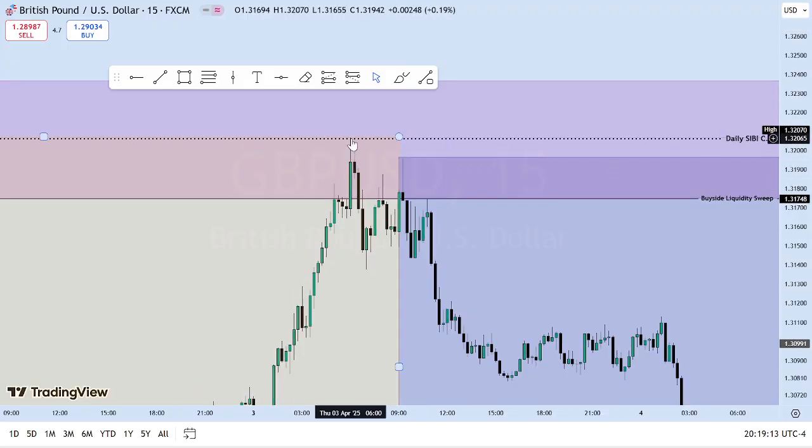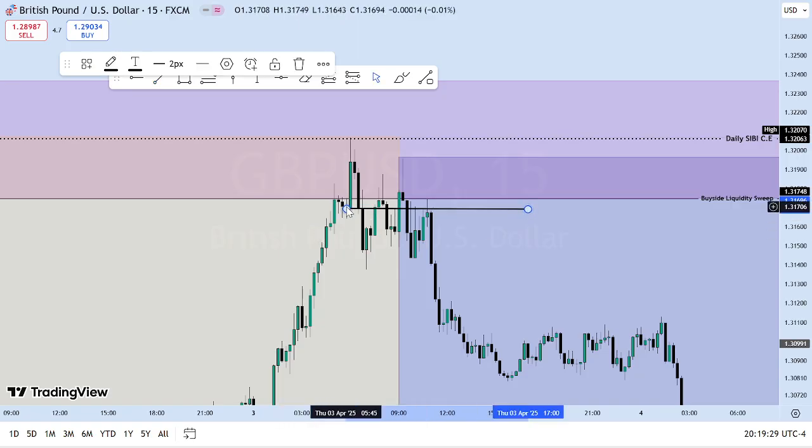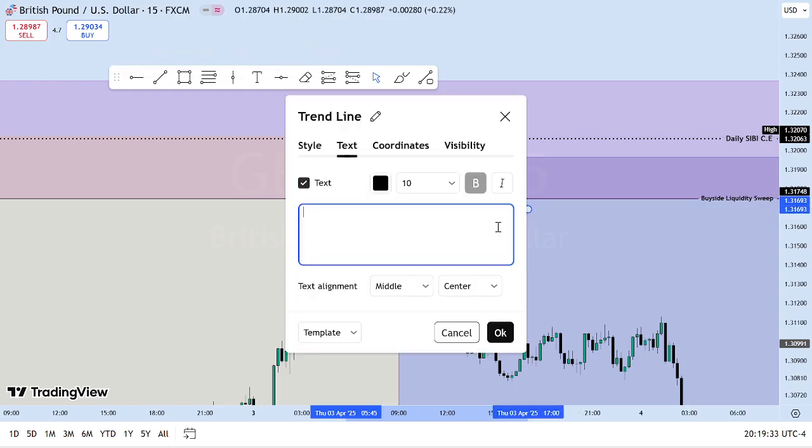You can see the delivery there in the 4 hour. Then we had a break of structure here. That change in state of delivery.